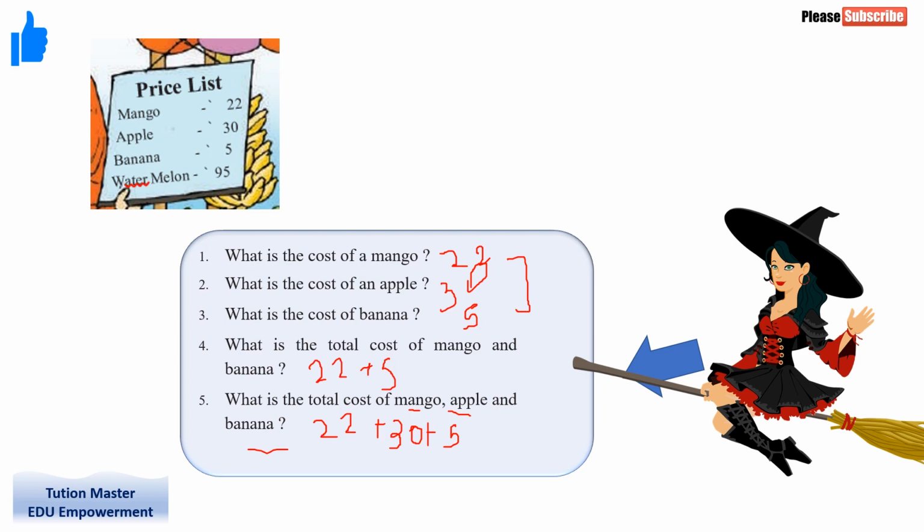So whenever this type of problem comes, first what you have to do, since it is a 2-digit number, 22 and 5, right? You have to write ones and tens. So now first of all the cost of the mango, right? Cost of mango, correct? What is the cost of mango?